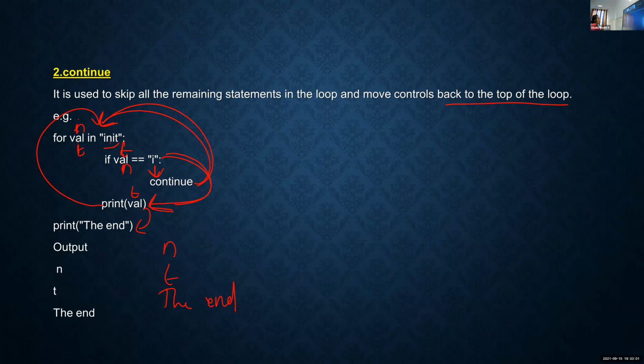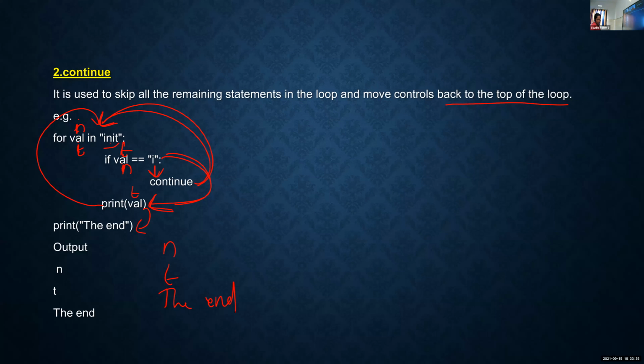You want to learn that definition, and at the same time study this example for break and continue. It is very important, okay Rahul. You want to learn the definition, the program, and how the output appears when we use the continue and break statements.